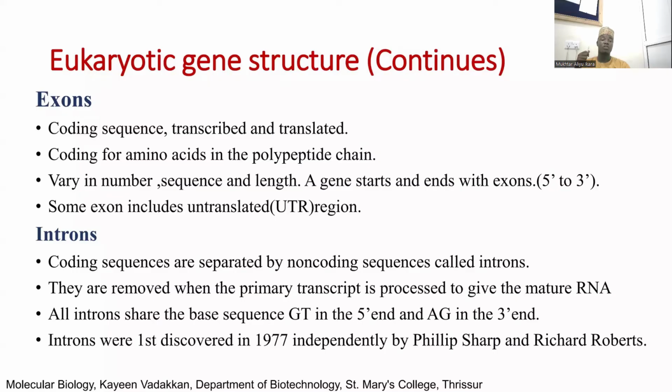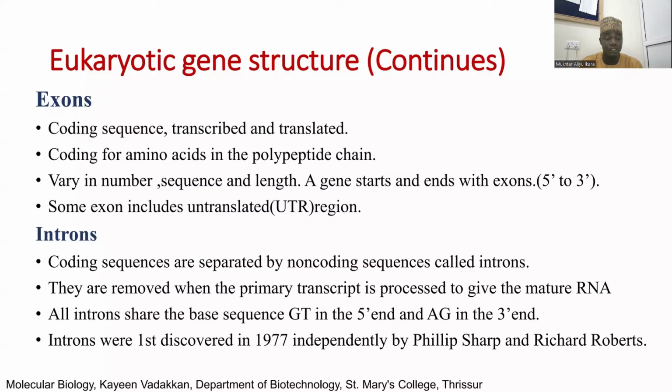Some exons include untranslated regions, because the untranslated region also has some regulatory activity, as we have what they call riboswitches. Riboswitches are also found in the untranslated region, and they are very important in terms of gene expression.